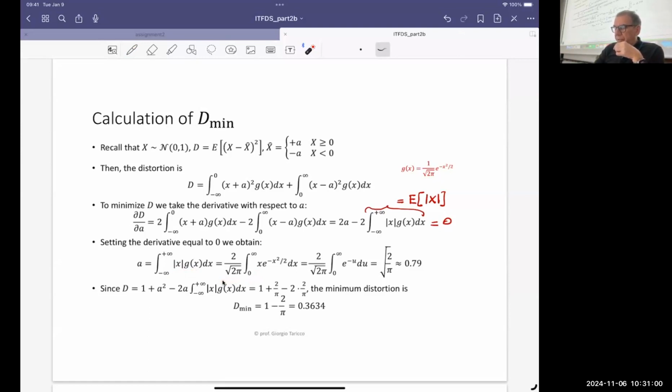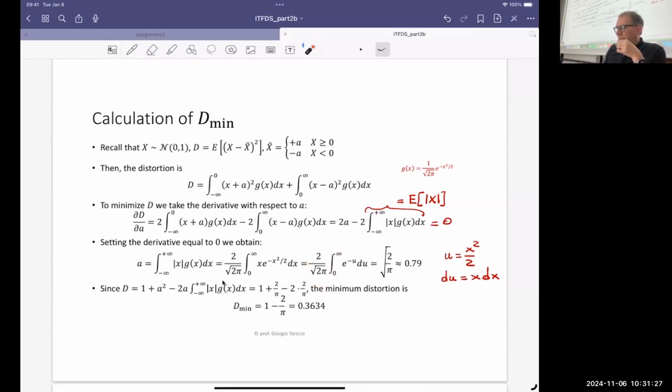Changing the integration variable from x to u, where u is x squared over 2, and therefore the differential of u is x times the differential of x, we obtain 2 over the square root of 2 pi times the integral from 0 to infinity of e to the minus u.